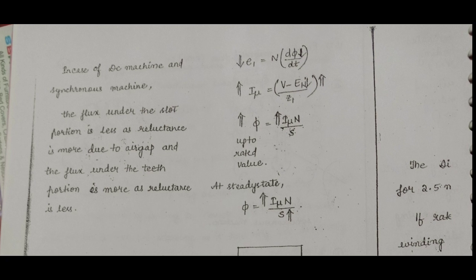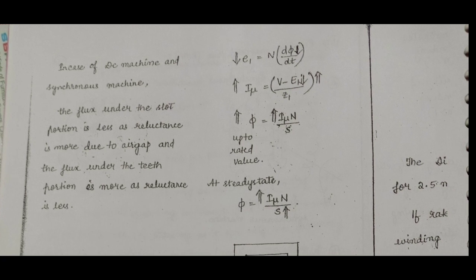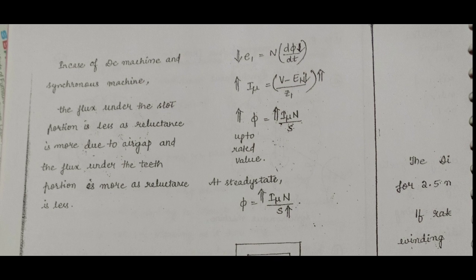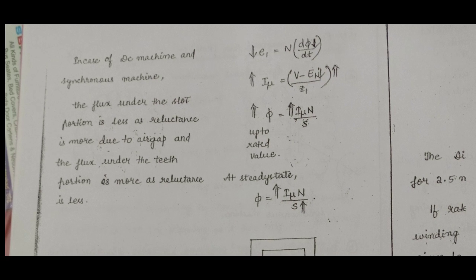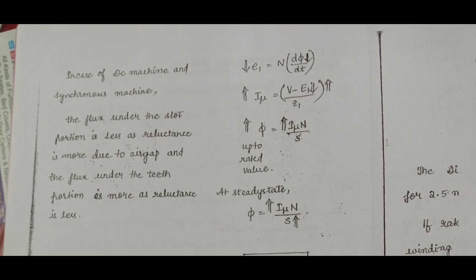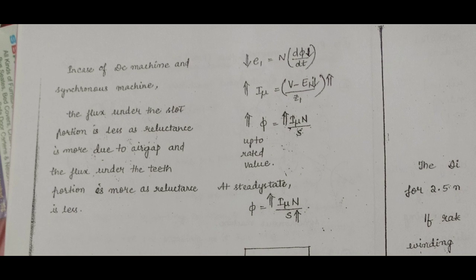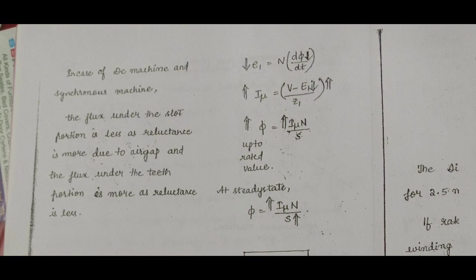So in DC and synchronous machines, the flux under the slot portion is less because under the slot portion the air gap is more. Because the air gap is more, reluctance values are more. When reluctance values are more, flux values are very less.